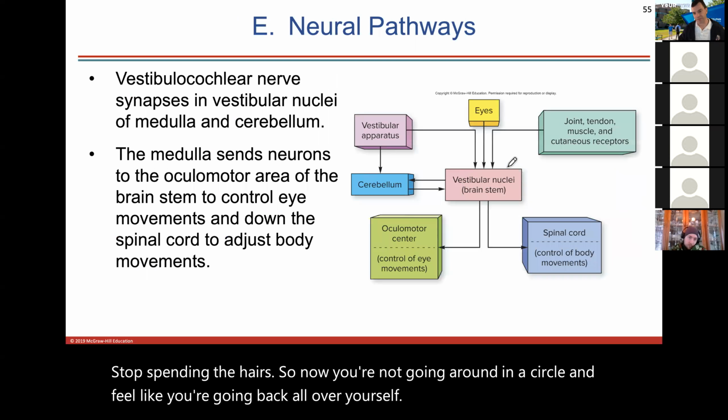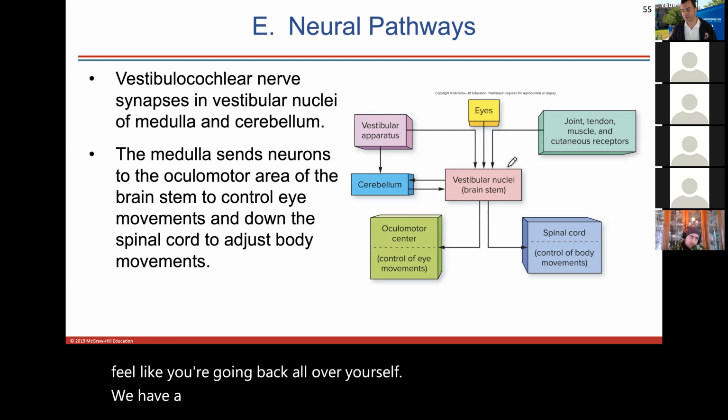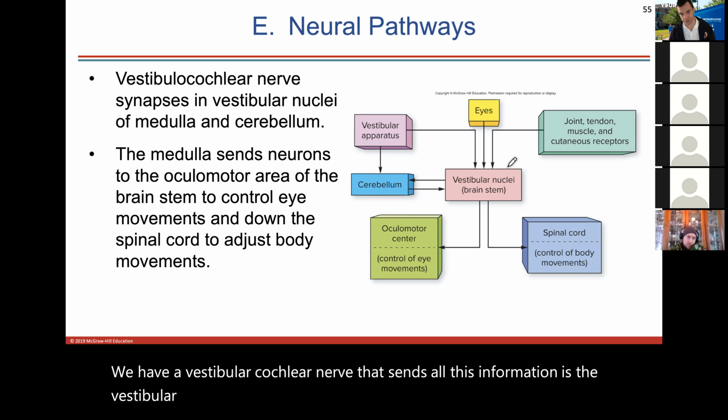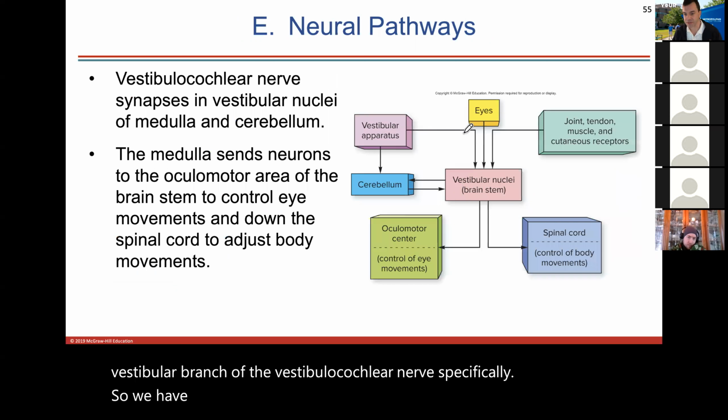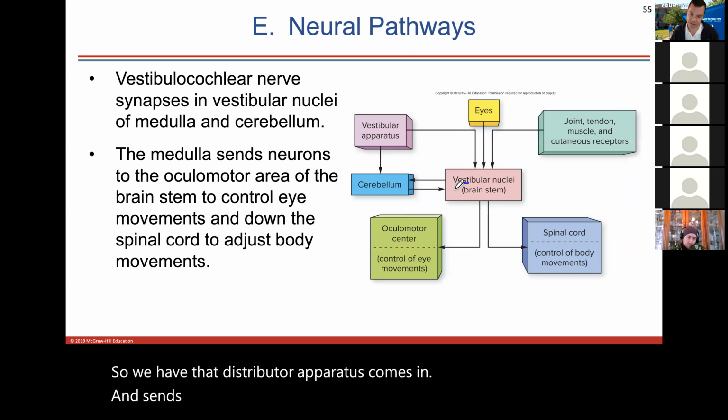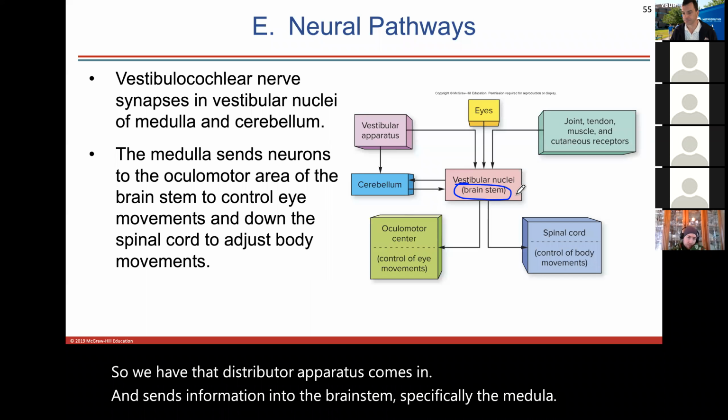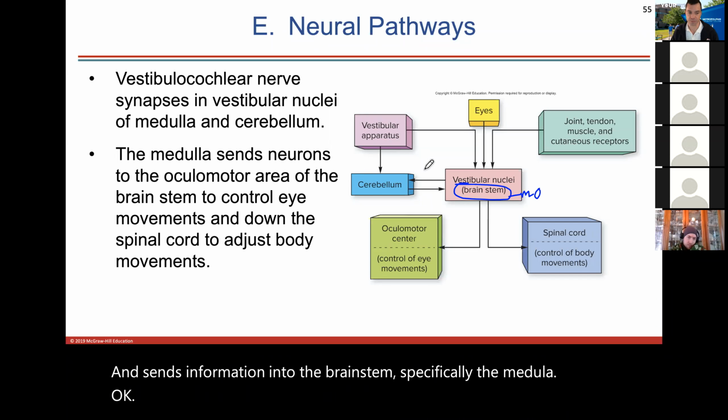We have a vestibulocochlear nerve that sends all this information, specifically the vestibular branch of the vestibulocochlear nerve. So that vestibular apparatus sends information into the brainstem, specifically the medulla. I'll just put MO for medulla oblongata.